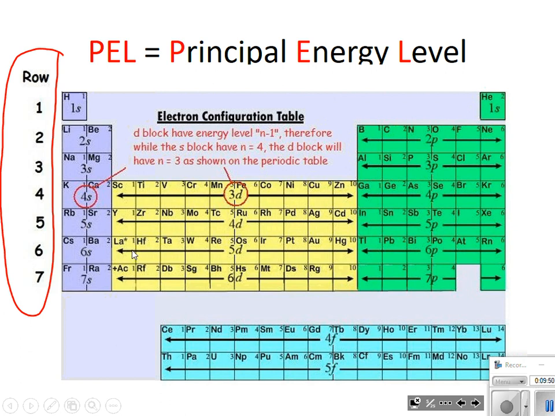We're going to get to that, but it's not just that easy. I'll show you how to do that, though. Because it's a little bit different with the D block and the F block, which you have no idea what it is yet. But let's make sure we got those 1 through 7 labeled on the left hand side of our periodic table.